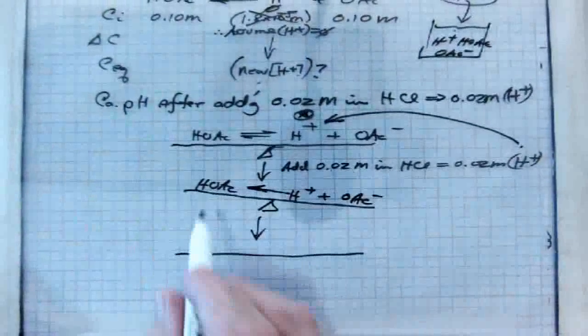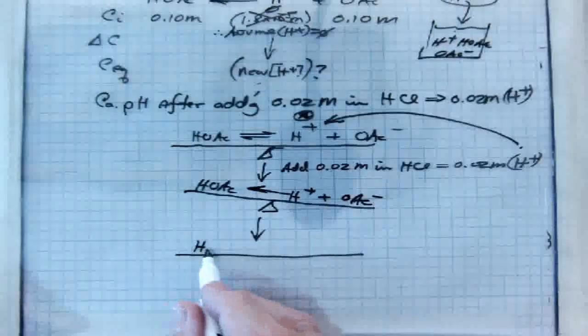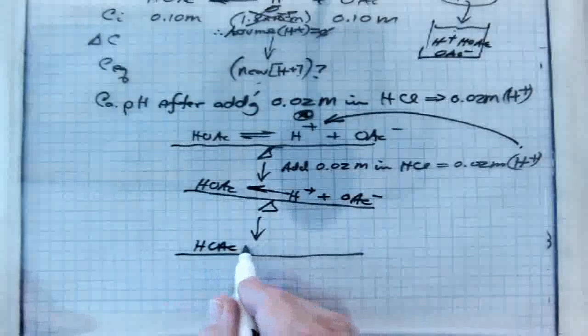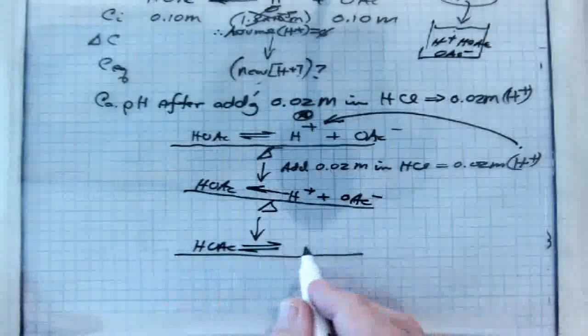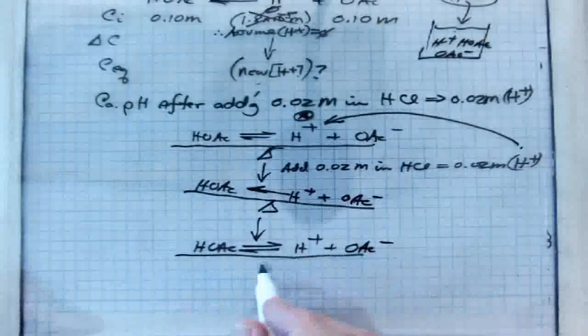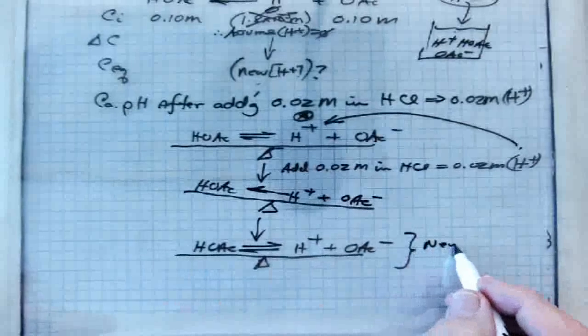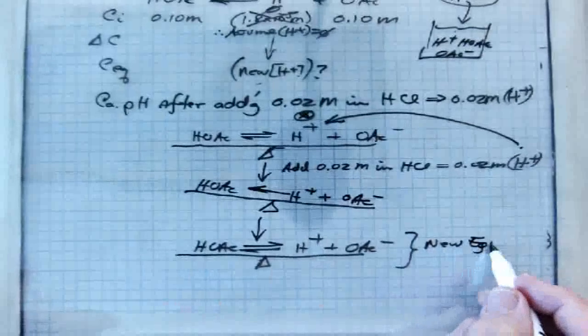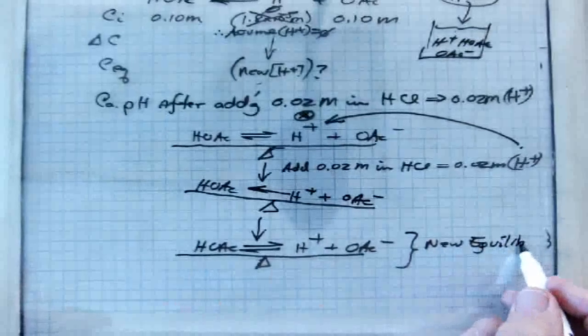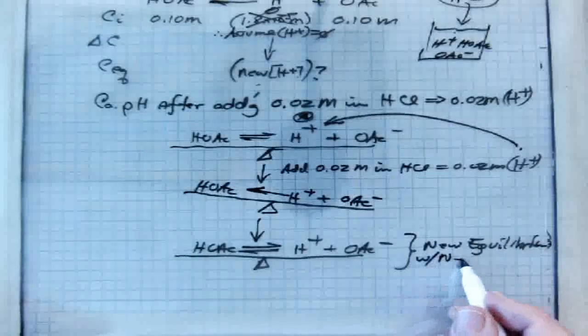So if the OAc- has to go down, we want to subtract the 0.5 molar from the OAc- that we started with, because it's shifting left. And over here, we want to add the 0.5 molar because it's going up.